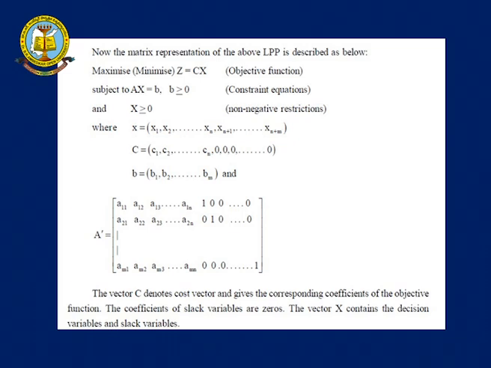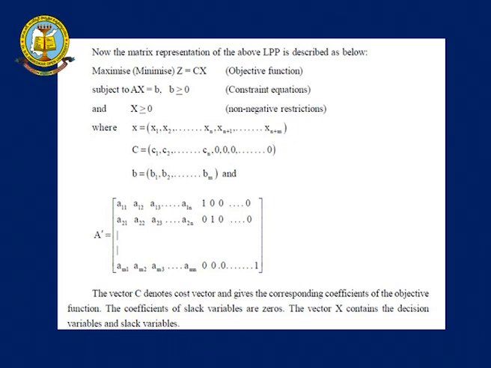The cost of x1 is c1, the cost of x2 is c2 in that objective function, and similarly up to xn, whose cost is cn. I am writing all those costs in matrix form, that is, C equal to c1, c2, up to cn, and here I am adding 0, 0, 0. These are the costs of the slack and surplus variables in the objective function, so 0 into S1, 0 into S2, like that.